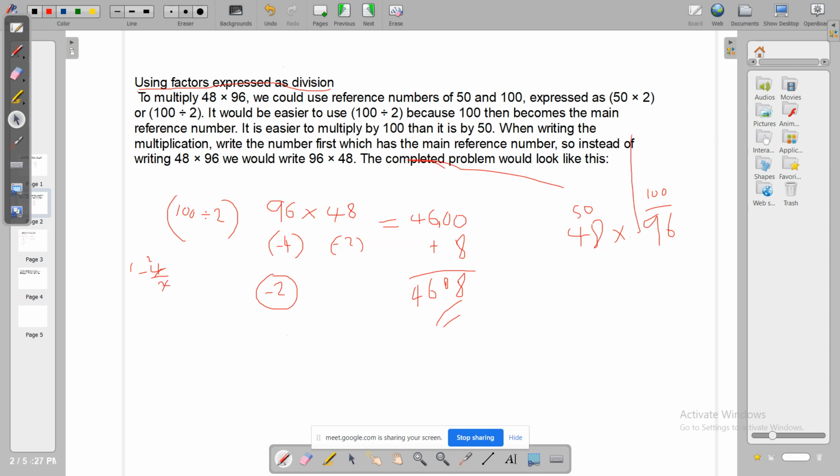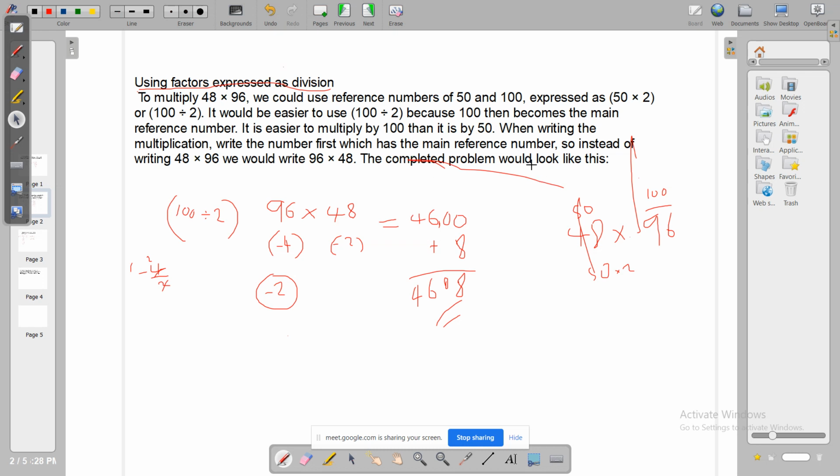So if I'm going to use a multiplication, I can pick a reference number like 50 and what times 2, because 2 times this will give me 100, which I can save with this. But here the topic is using a factor expressed as a division. So we are using division.